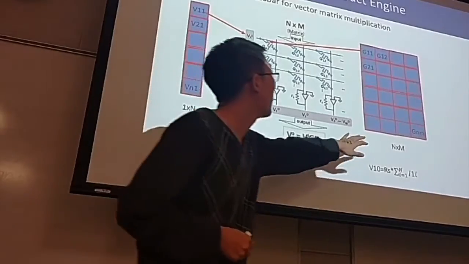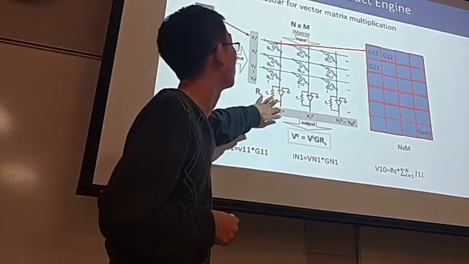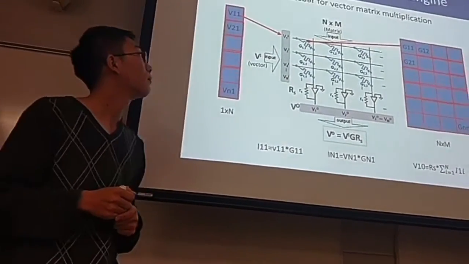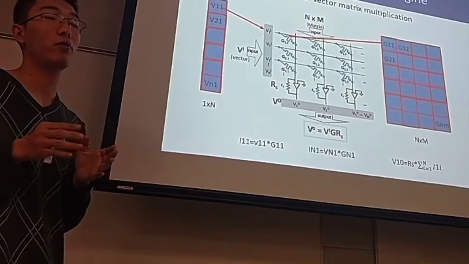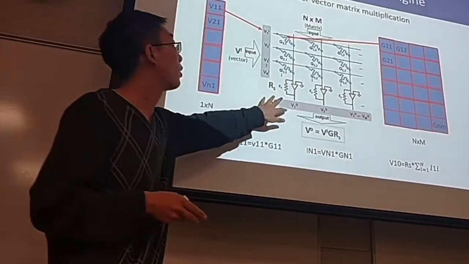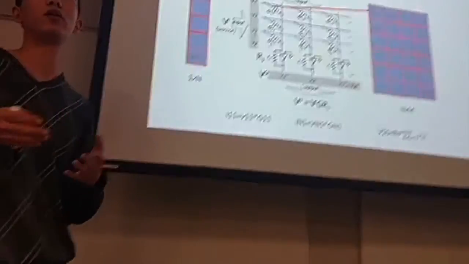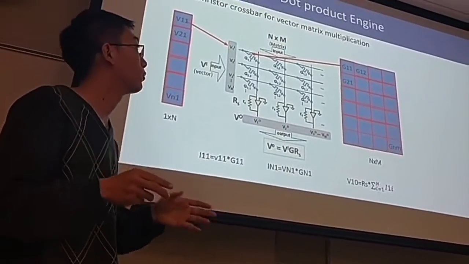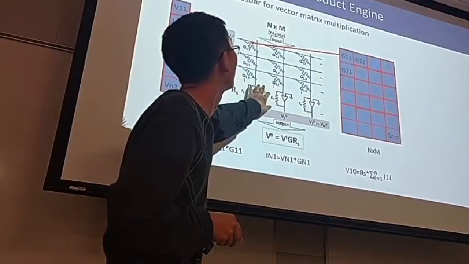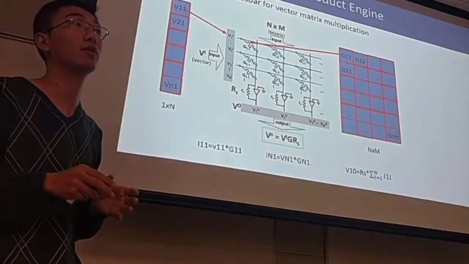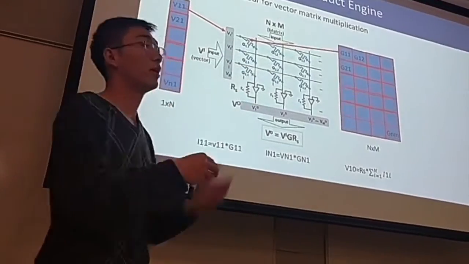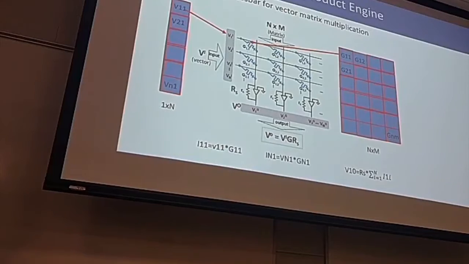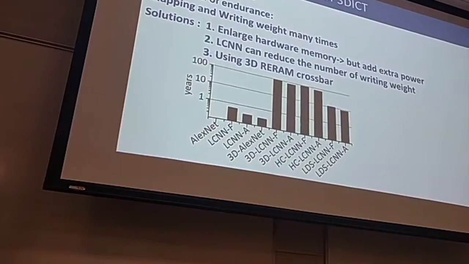You need to map your kernel to this RRAM crossbar. Because in your mobile device, the number of these arrays is very limited because of the power budget. So in every layer, you need to rewrite your matrix onto this RRAM crossbar many times. So this cell will be worn out if you write it many times. So this is the reason for endurance.